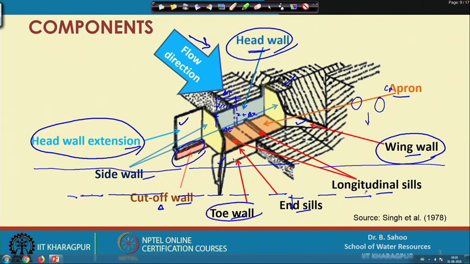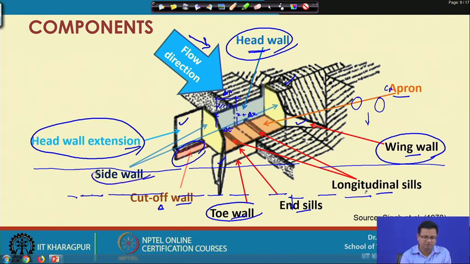These toe walls prevent undercutting of apron due to erosion. Then we have side walls, this is one side wall and this is another side wall. These walls confine the water flow within the apron.